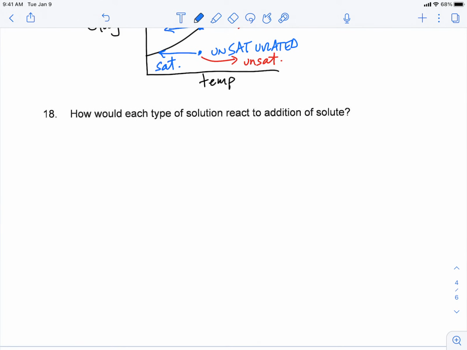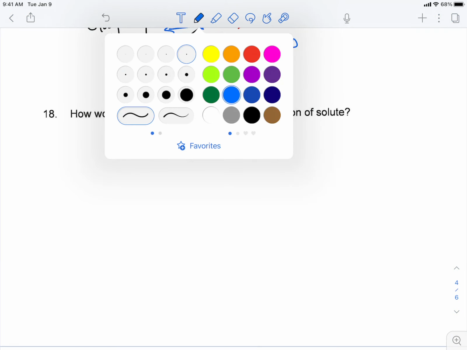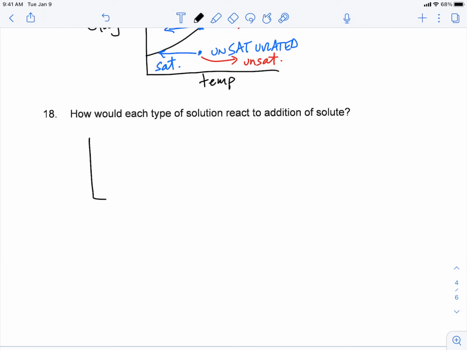How would each of these react to an addition of some solute? So we can think about if we had clear solutions of each, and then we add one crystal to each.